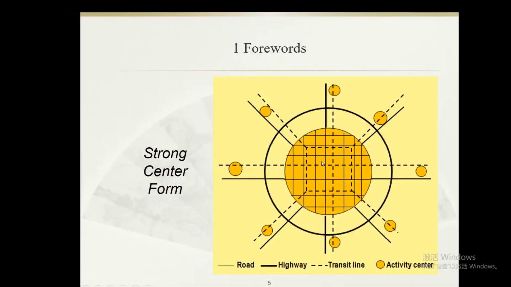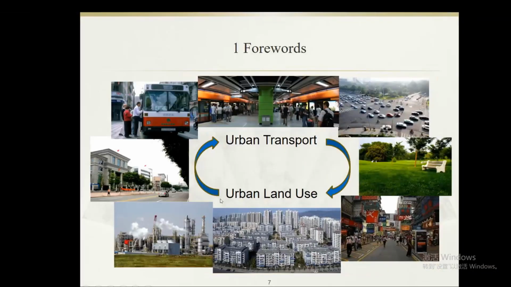So we have this one and this one. Land use decides urban transport. Urban transport reinforces urban land use. They interact with each other.